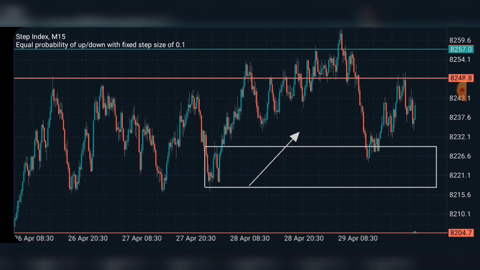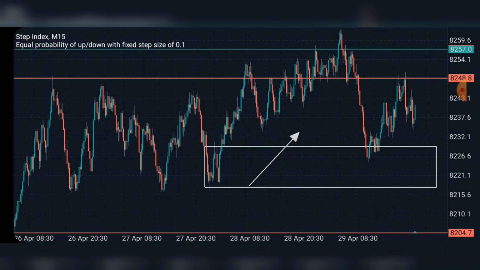Remember that with consolidations, price normally consolidates within a specific range. Once it breaks that range, it normally breaks and then it retests that area to continue its direction. So let's say price is moving in an uptrend, it's consolidating.